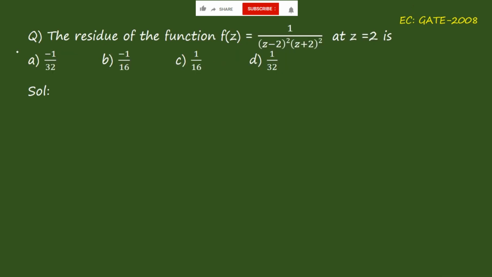The question is, the residue of the function f of z is equal to 1 by (z minus 2) whole square, (z plus 2) square at z is equal to 2. Okay. Now we have to find the residue of this particular function.